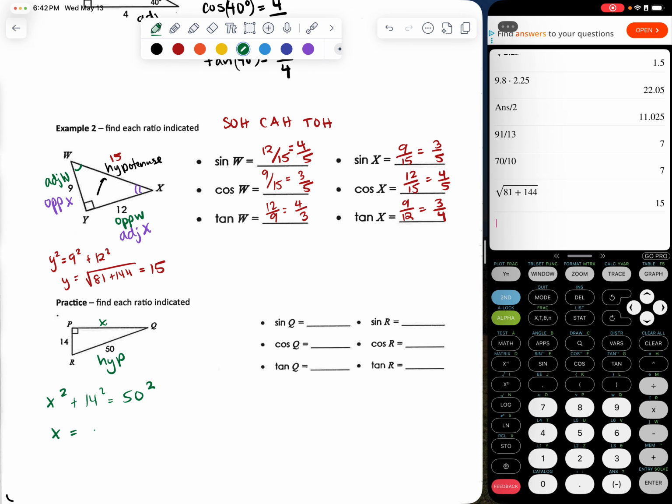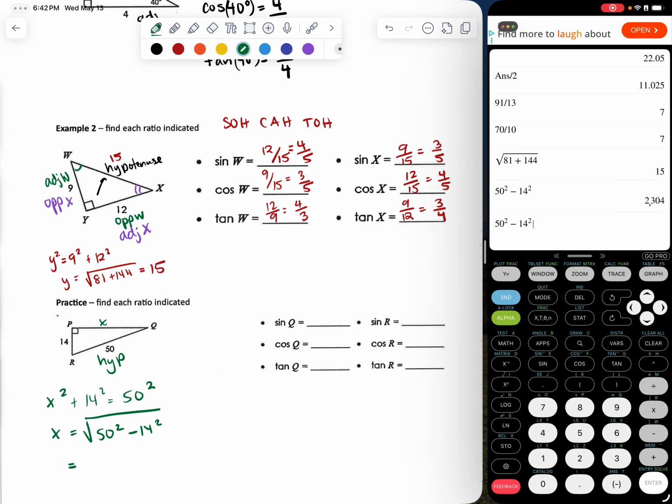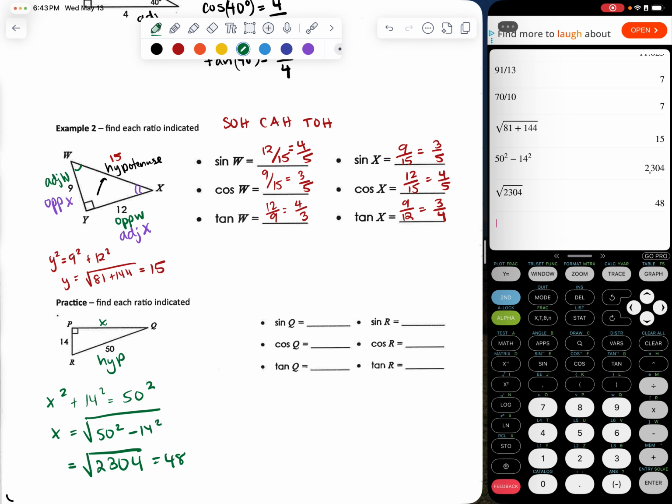So X will be equal to the square root of 50 squared minus 14 squared. 50 squared minus 14 squared is the square root of 2304. So let's square root that. And we get 48. So this side is 48 units long.